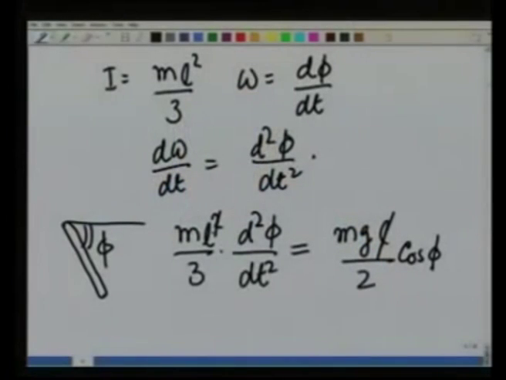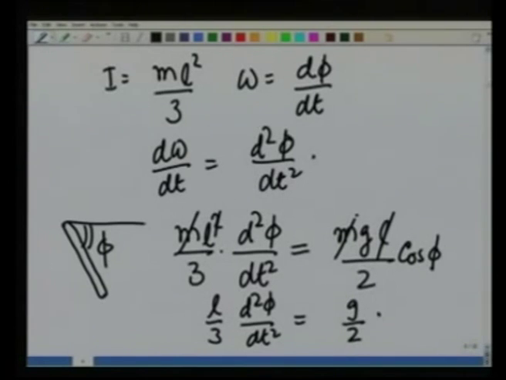L cancels, m cancels, and therefore I get L over 3 d2 phi over dt square is equal to g over 2 cosine of phi.